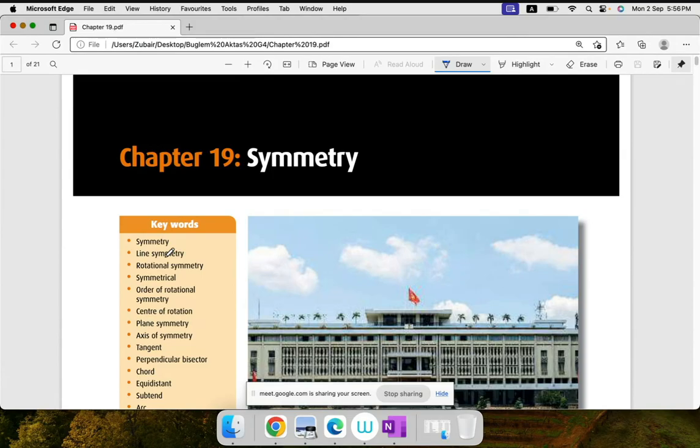So symmetry, we will be studying symmetry, which basically means same on both sides. And line of symmetry is that position on whose left, right, or up and down things are exactly the same. In rotational symmetry, we can rotate the image and it would just fit in. For example, you would have seen a tiled floor. We can lift up the tile, rotate it, and put it back again.